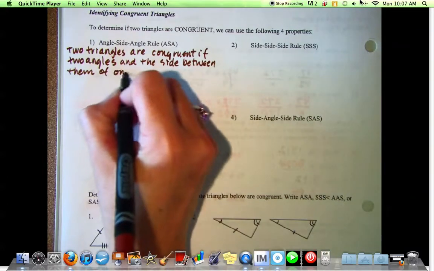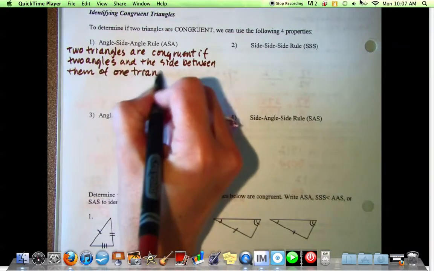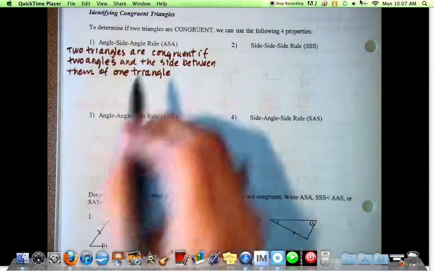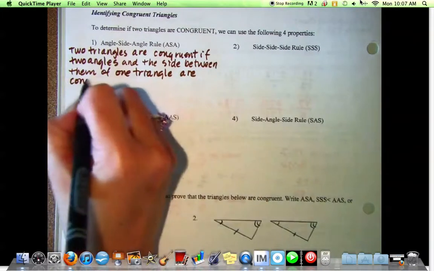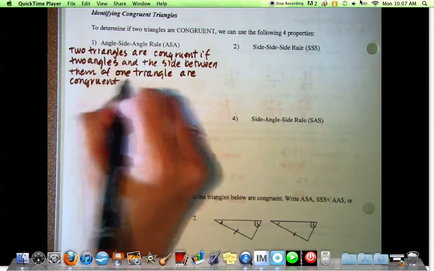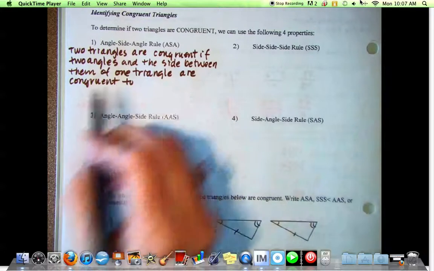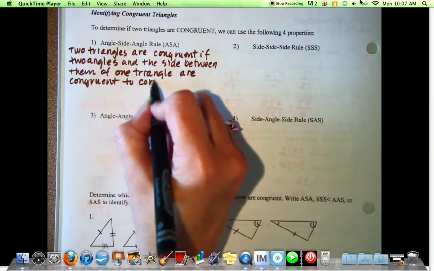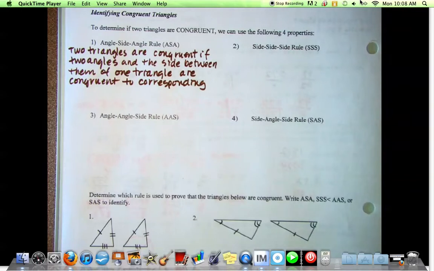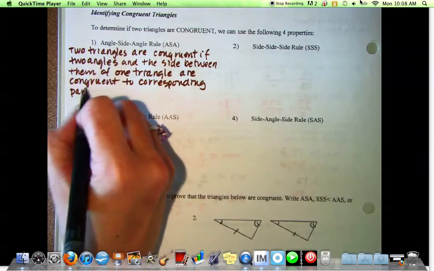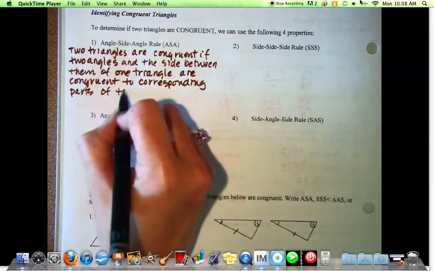of one triangle are congruent to corresponding parts of the other triangle.